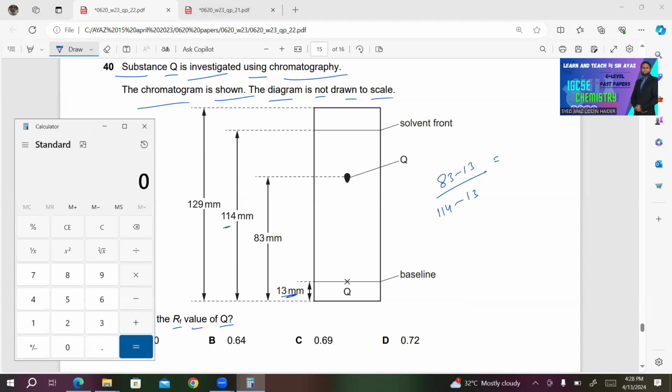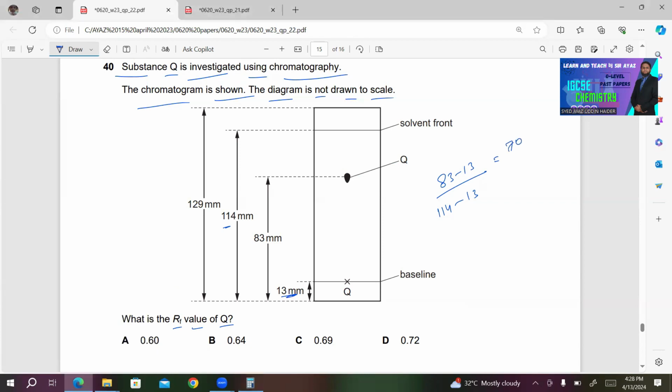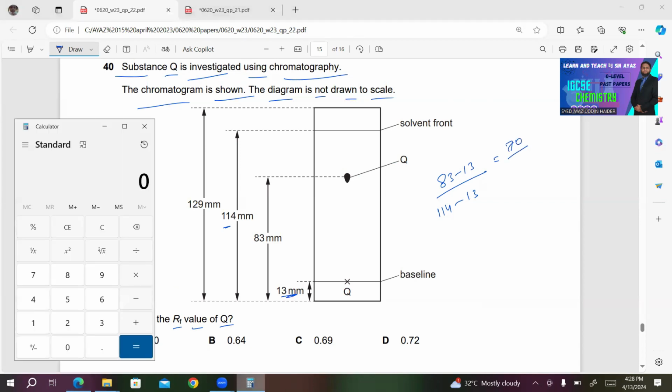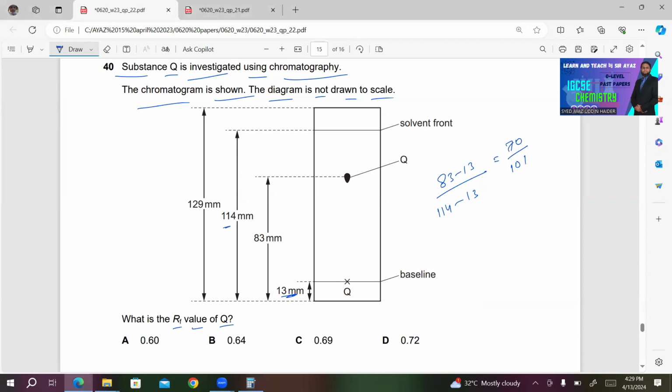So 83 minus 13 gives 70, divided by 114 minus 13, which gives 101. 70 divided by 101 gives 0.693. 0.69. C must be the right answer in this case.